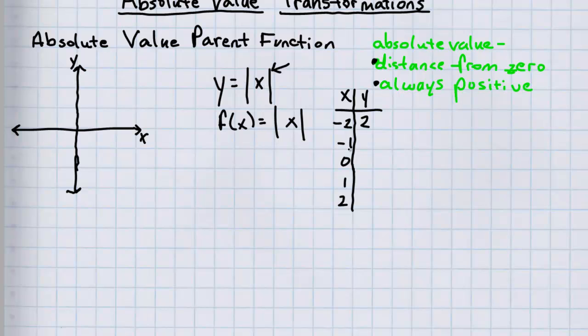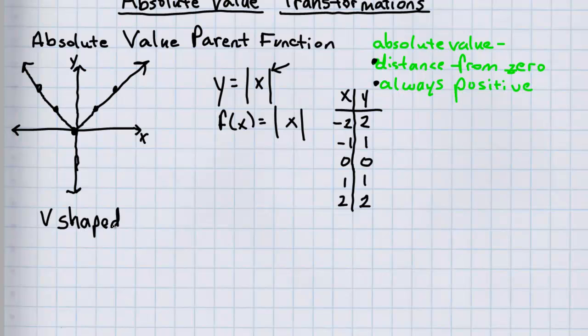The absolute value of -1 is 1. The absolute value of 0 is 0. The absolute value of 1 is 1. And the absolute value of 2 is 2. Let's graph. This graph is V-shaped. And to help you remember that, remember the absolute value has a V in it.